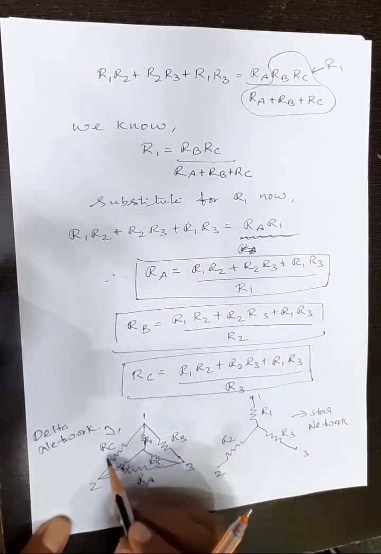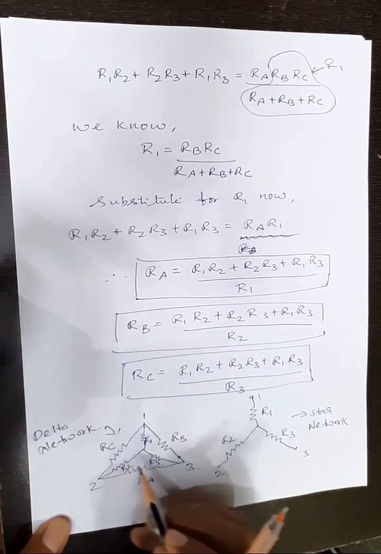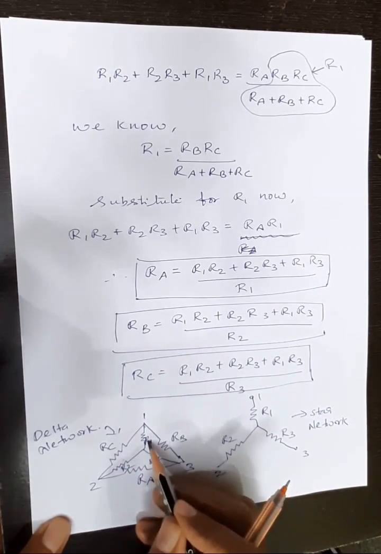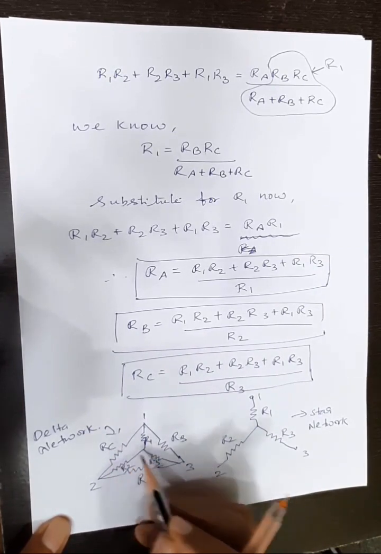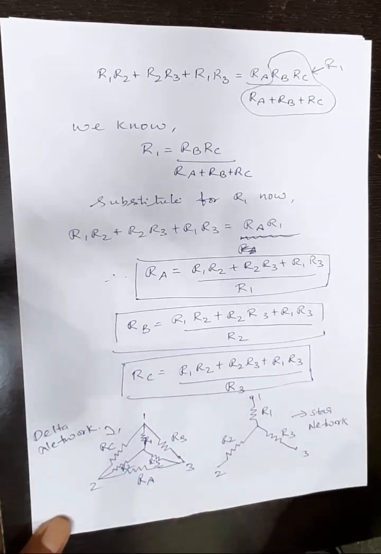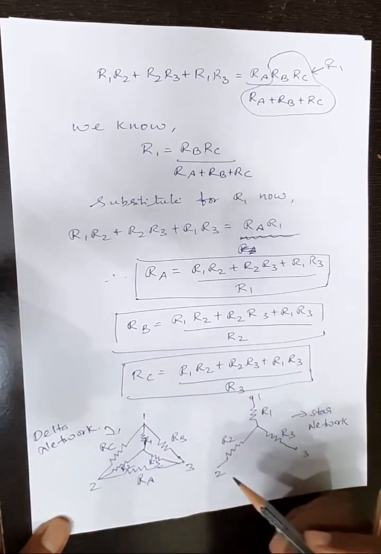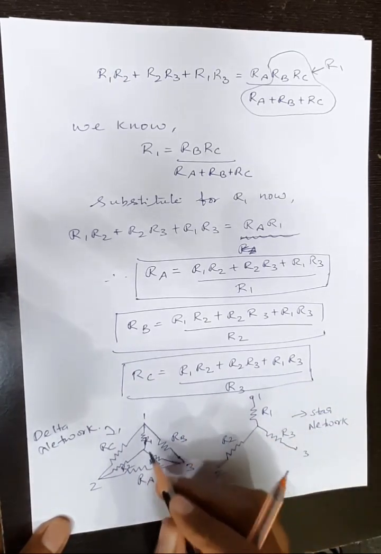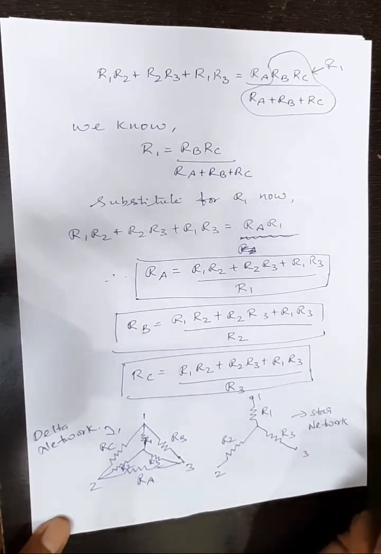Similarly, when you come for RC, R1 into R2, R2 into R3, R3 into R1 divided by RC's opposite resistance that is present here, that is R3. This is just a simpler way for you to understand how to write the equations directly from delta to star or from star to delta.